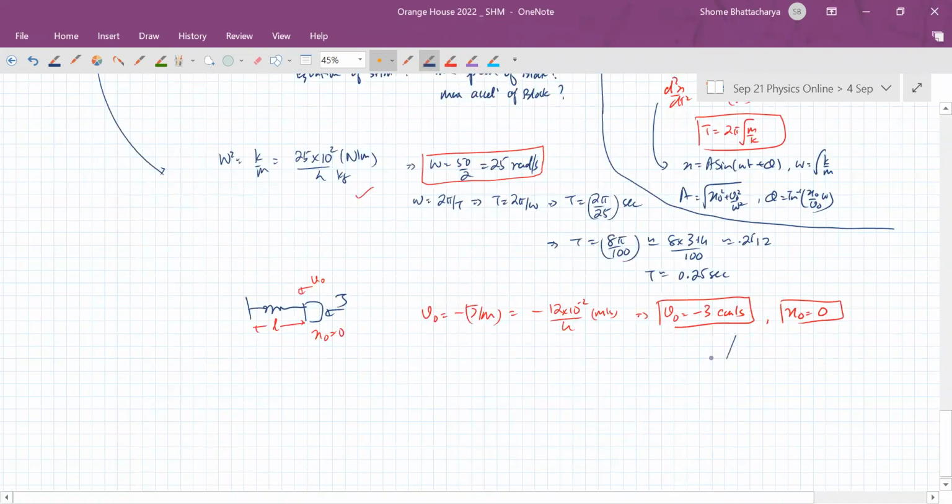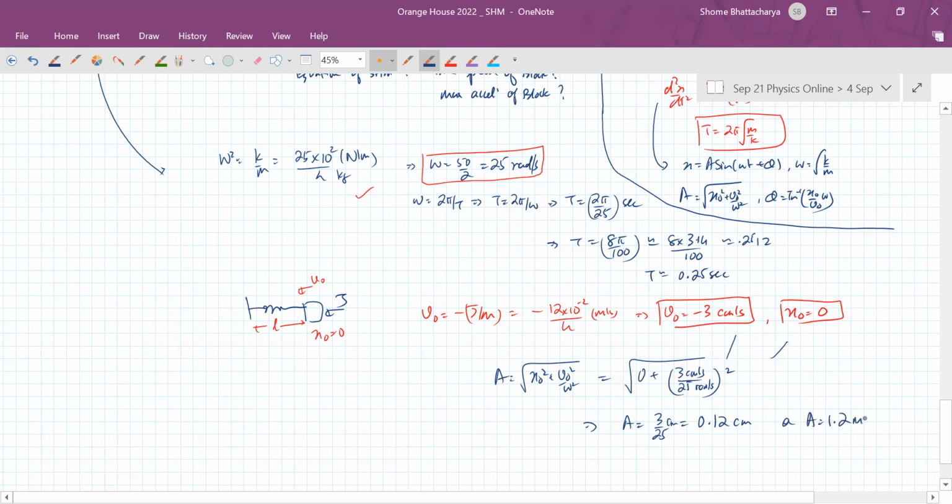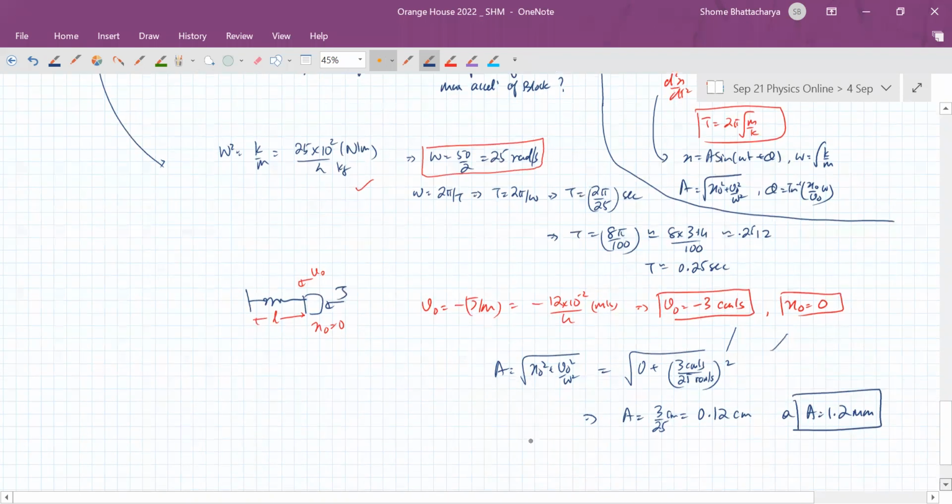So now from these two, we can see that the amplitude, converted to 1.2 millimeters also, is the amplitude. Now the phase constant.